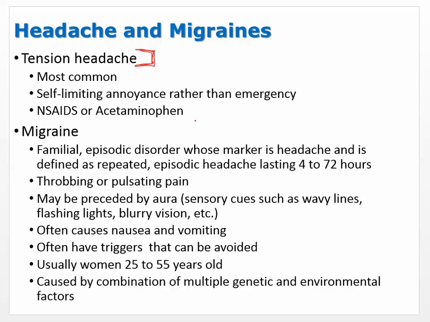Could be caused from some vasoconstriction, vasodilation, or probably vasodilation, but it's the most common. And it's self-limiting. It usually doesn't last. It's not an emergency situation. It's a headache, and so there isn't any lasting damage. Treatment is usually with NSAIDs, non-steroidal anti-inflammatories, or acetaminophen, which is related to NSAIDs but is not one.